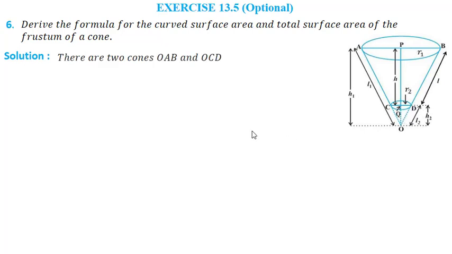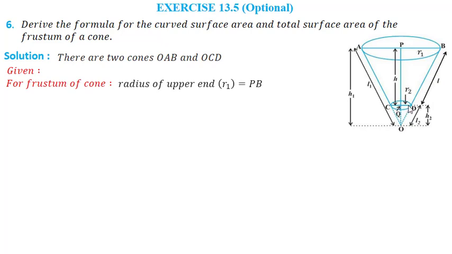For the frustum, we have the radius at the lower portion R2, the radius at the upper portion R1, and we have given height as h. The slant height for this complete big cone is L1. Similarly, the total height for the bigger cone is H1, and for the smaller cone is H2.